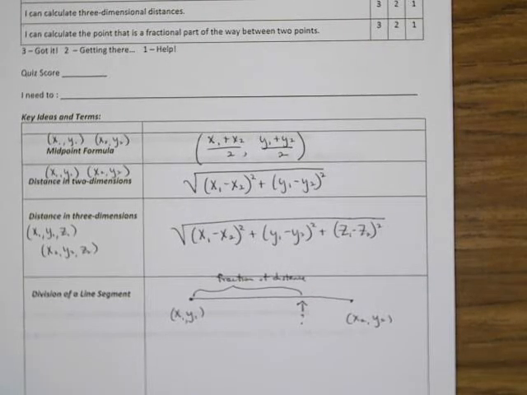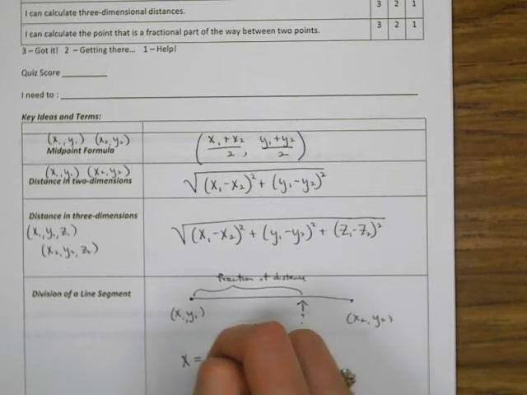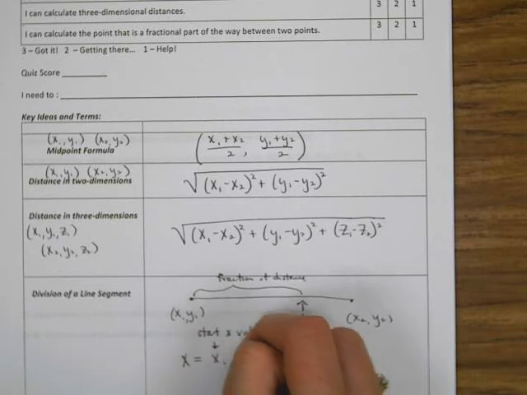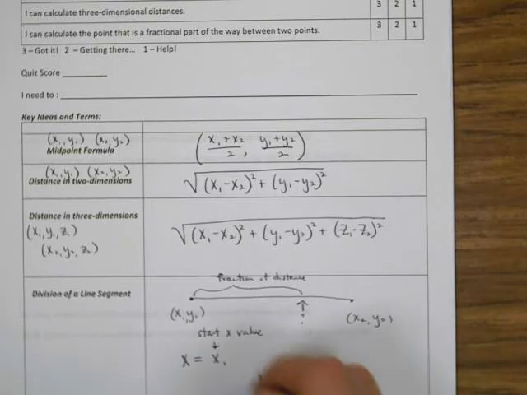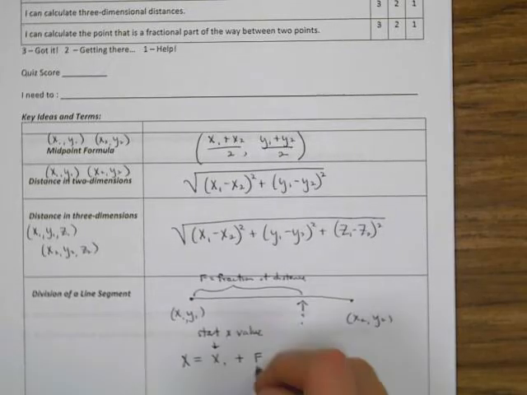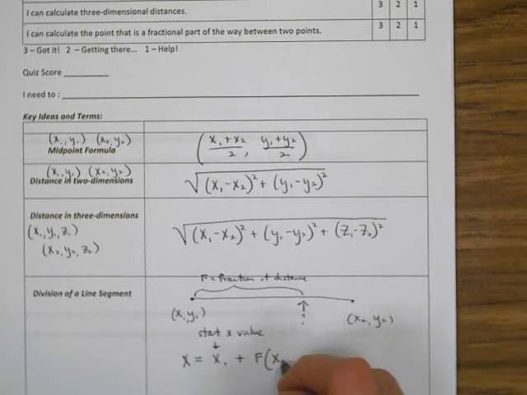All right, to do that, we take, for x, the starting value, x1, so I'm going to put here starting x value, and to that we add f, which represents the fraction of the distance, and then we want the x distance, which is represented by x2 minus x1.